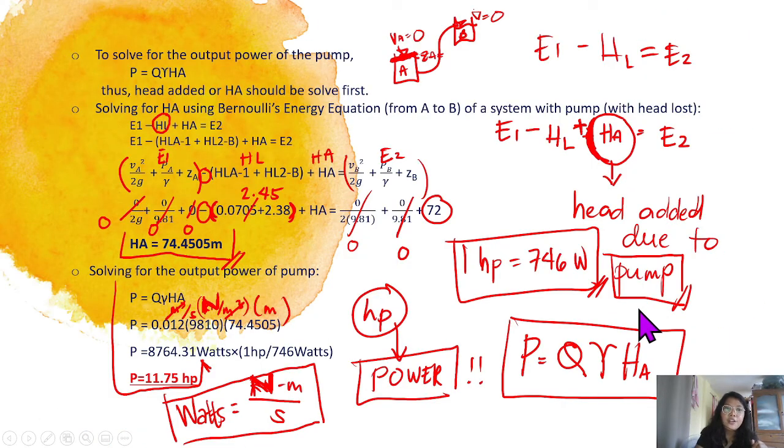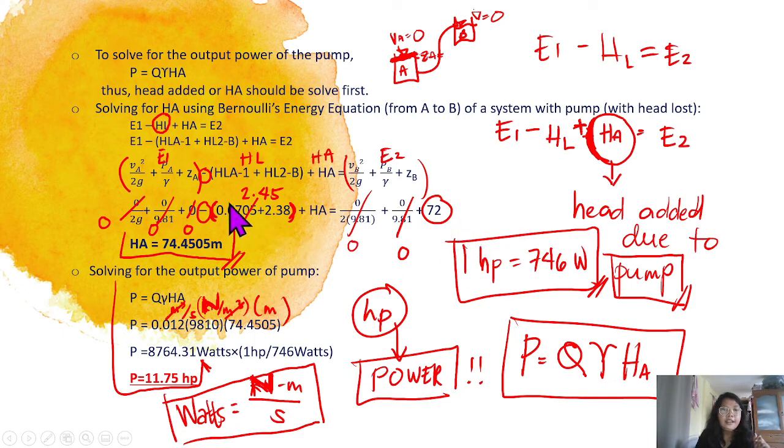So, diba, hinaba-haba ng explanation, pwede naman palang zero yung velocity. Kasi nga, water surface. Tapos yung pressure exposed to atmosphere. So, that is zero. Ngayon, kailangan mo like consider dyan the difference in elevation. Z, yung datum. So, kung mag-start ka sa 0, tapos mag-end ka sa 72 meters, yun lang naman yun.